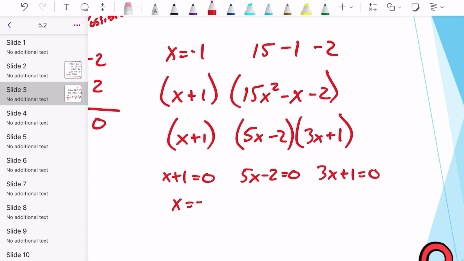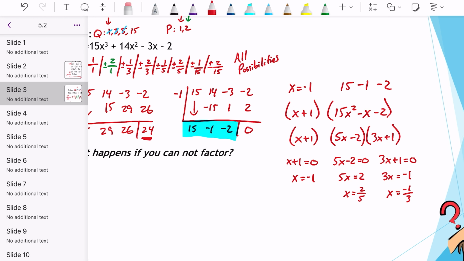This means x is equal to negative 1. 5x is equal to 2, which means x is equal to 2 over 5. And 3x is equal to negative 1, which means x is equal to negative 1 over 3.